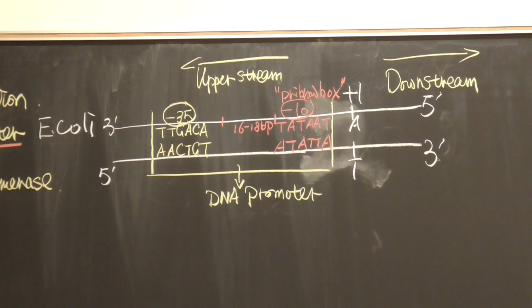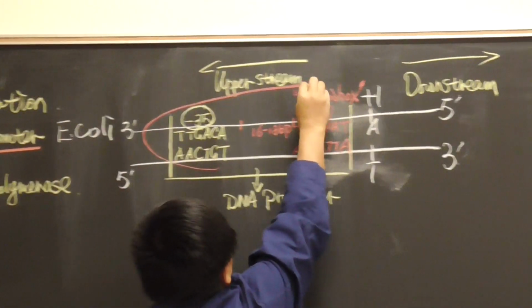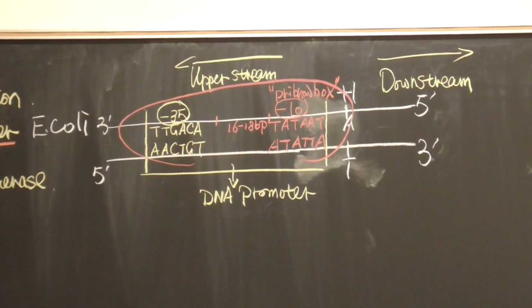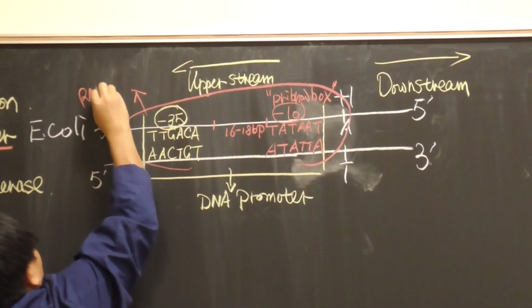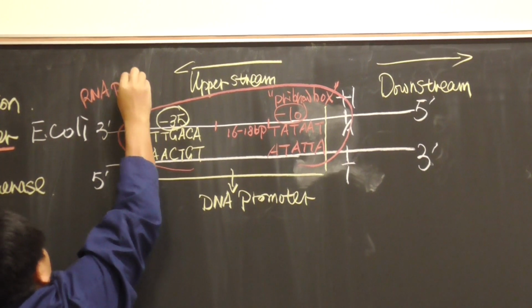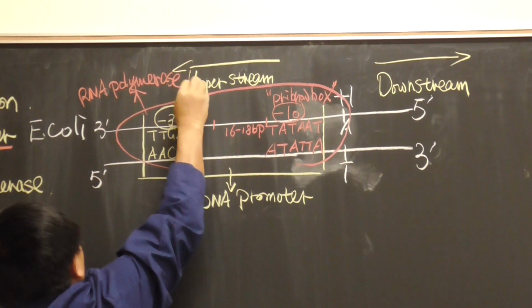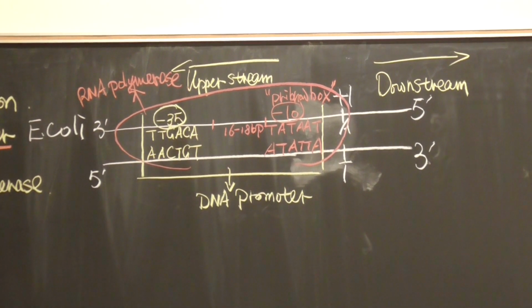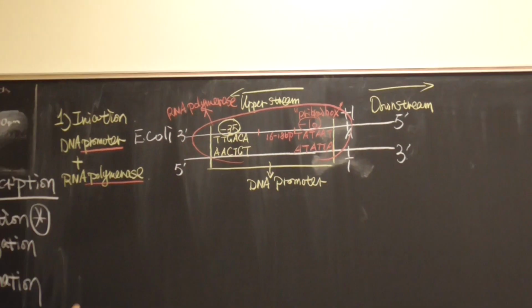Now this DNA promoter is going to be recognized by a large chunk, and this large chunk is RNA polymerase. Now let's talk about what RNA polymerase is.